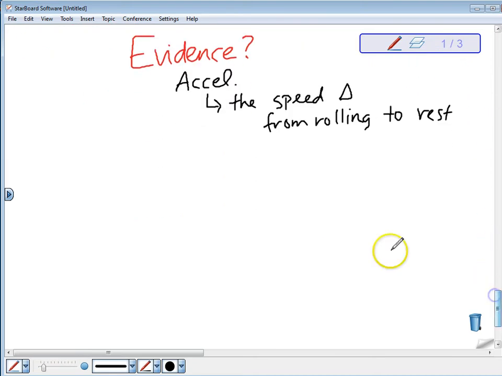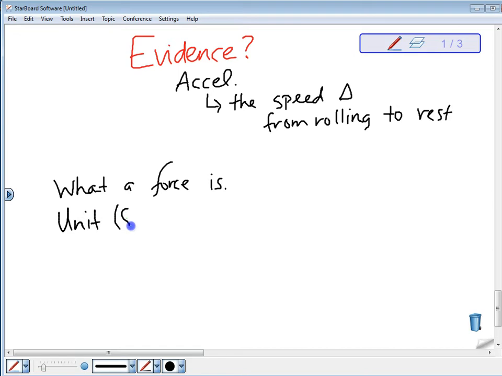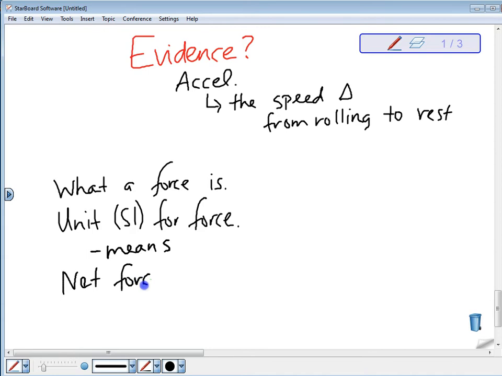At this point in your notes, you should know what a force is, you should know the SI unit for force, and what it means. You should know what net forces are and how to calculate them.